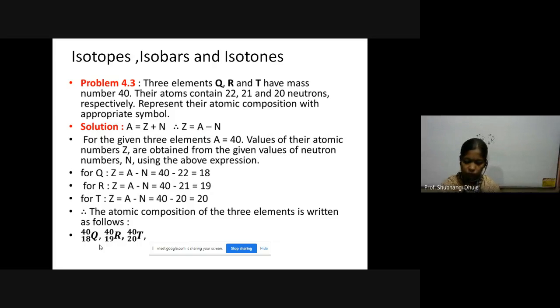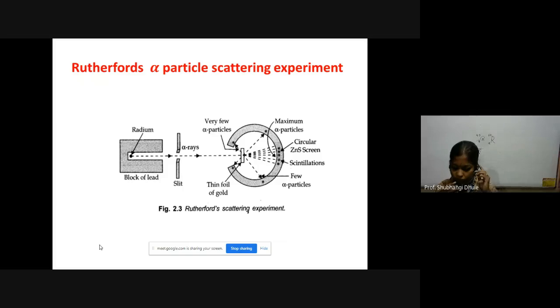Okay, so this is all about problem 4.3, and then we go for a little bit of information about Rutherford's experiment. Before that, I'm going to explain what we are learning. We are learning the atomic structure, which means we know the subatomic particles, protons and electrons.